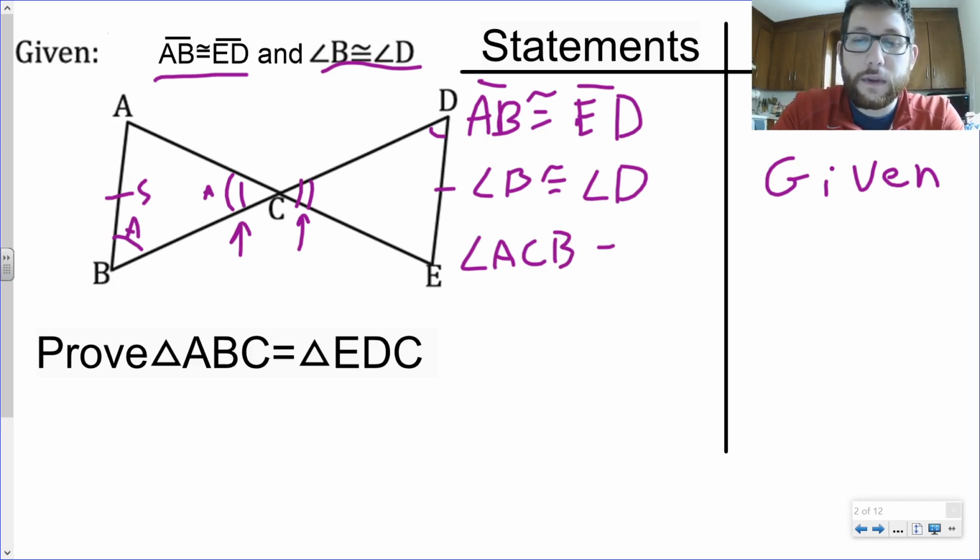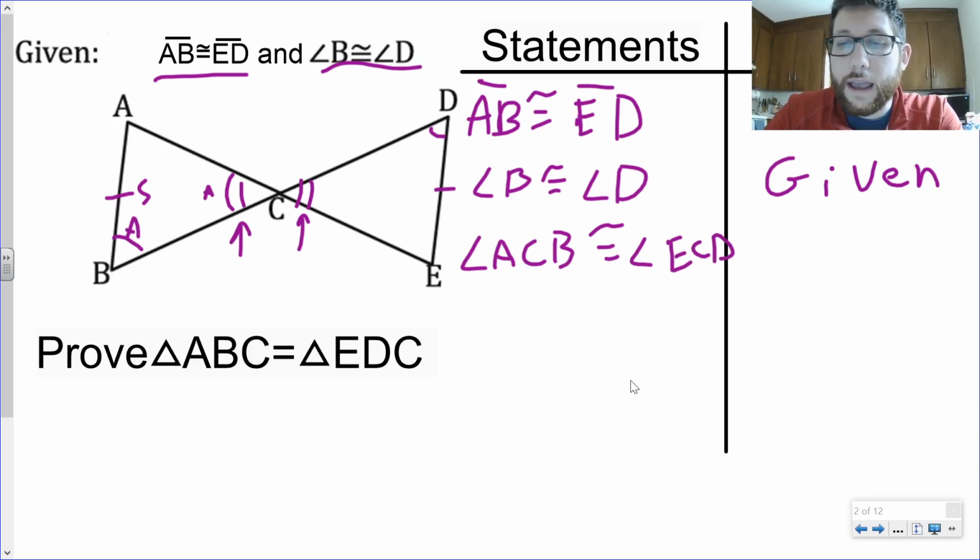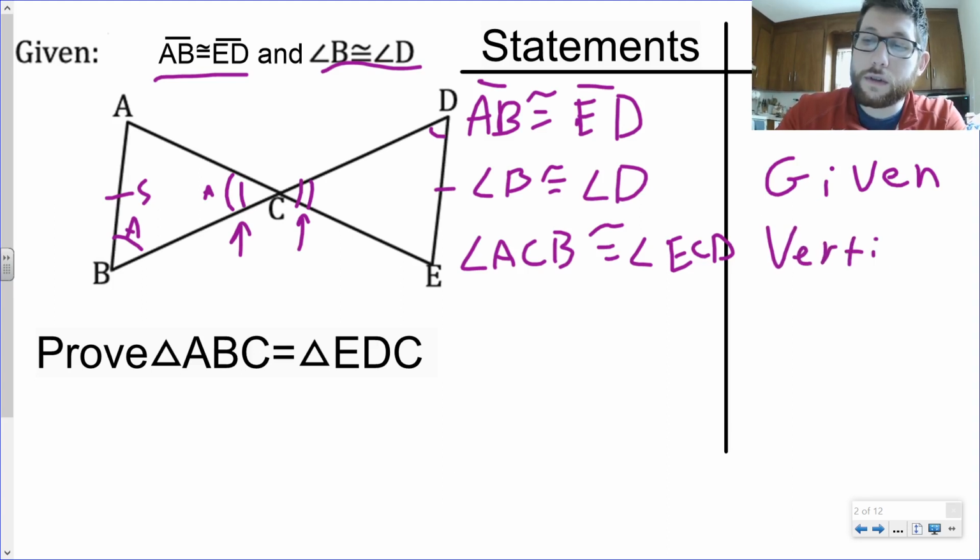So I'll say angle ACB is congruent to angle ECD. And the reason I know that to be true is vertical angles, or we'll just say vertical.